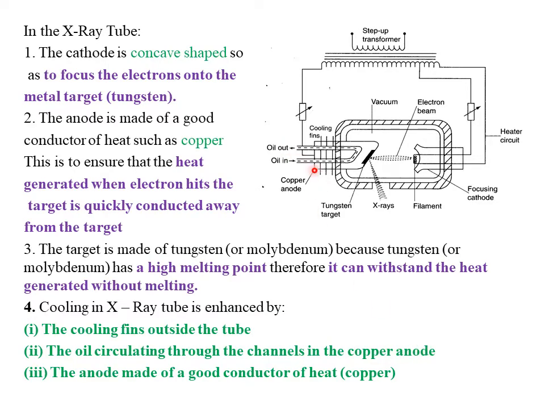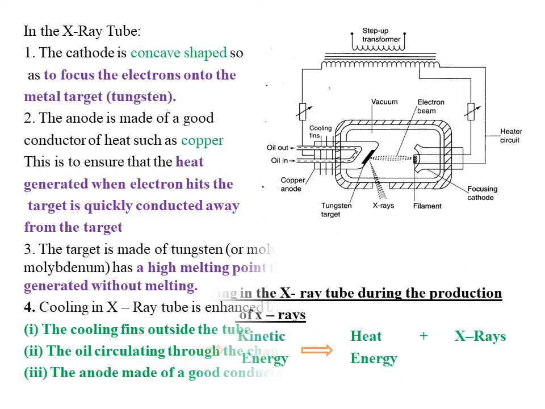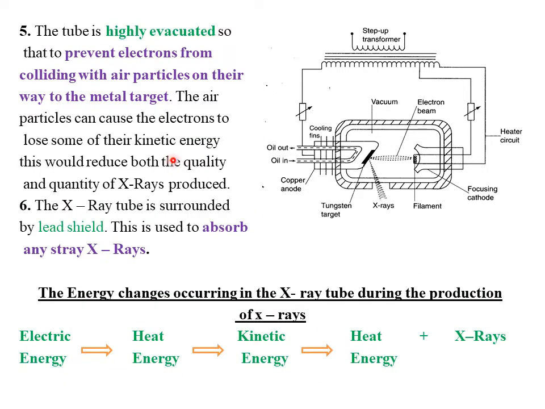The oil also helps us to conduct away the heat, because the oil getting in is usually cold, then the one getting outside is hot, that is carrying away the heat. Then the anode is made up of a good conductor of heat, such as copper, which conducts away the heat produced on the tungsten.